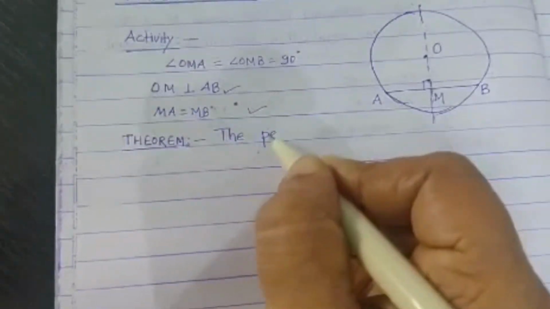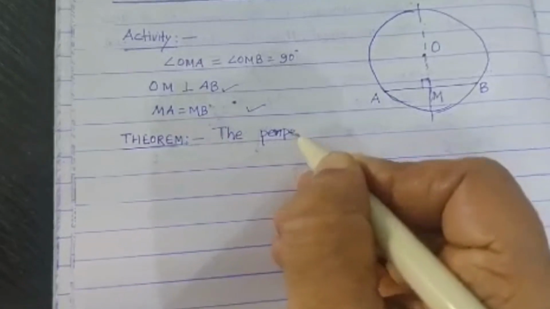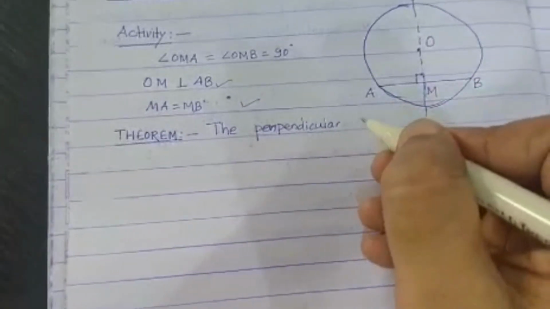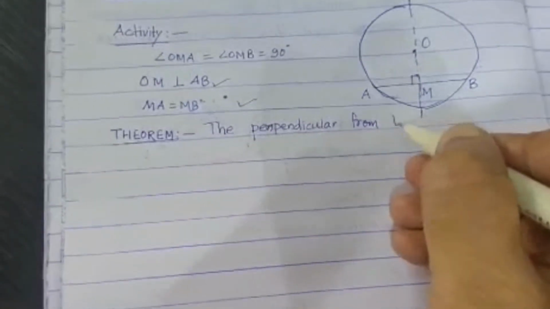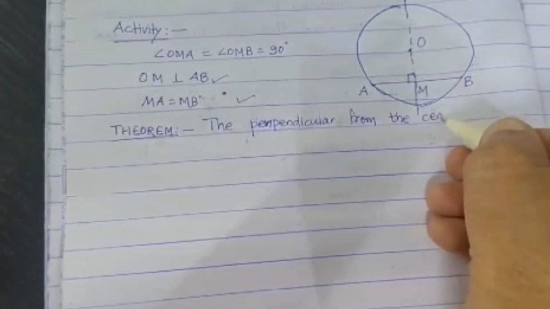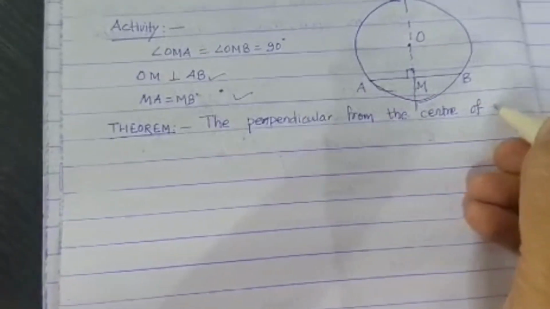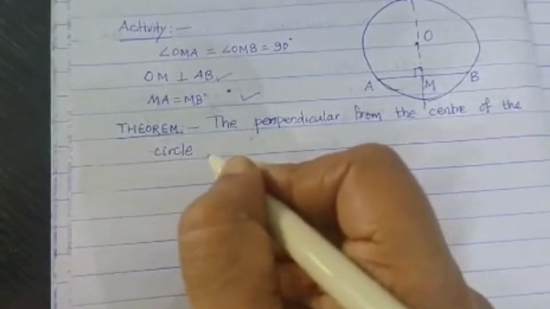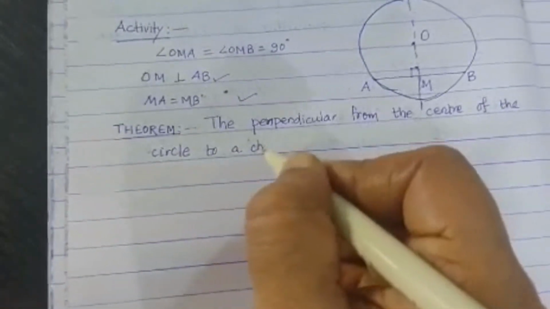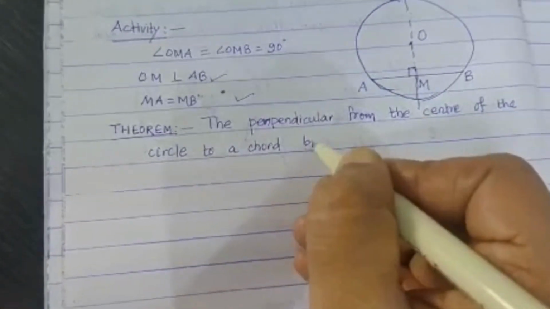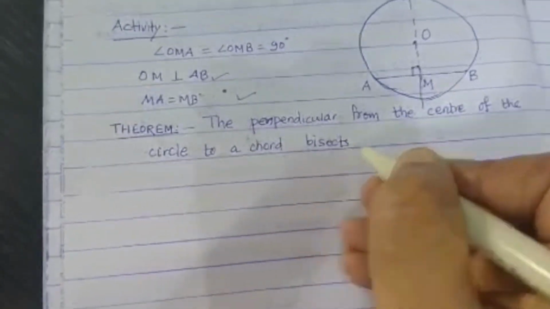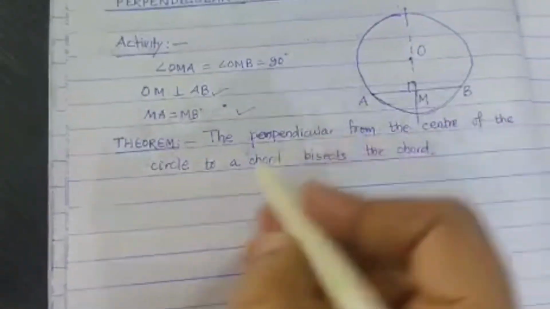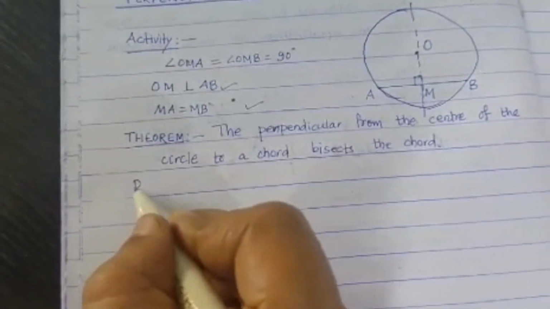The perpendicular from the center of the circle to a chord bisects the chord. So we will prove it.